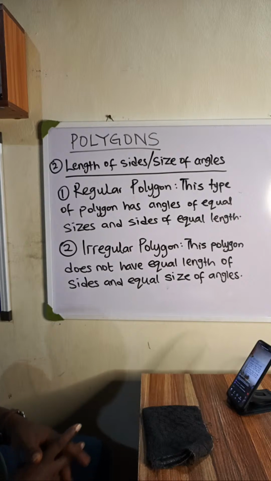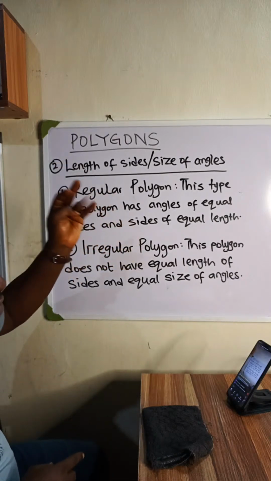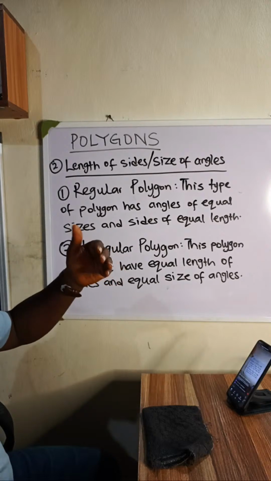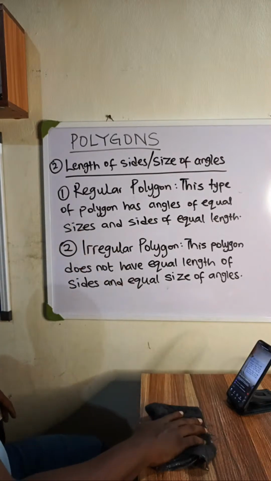So let's continue. We've seen what a polygon is. We've seen the different types of polygon. Now I want to calculate the sum of angles in a polygon. Let's do that.